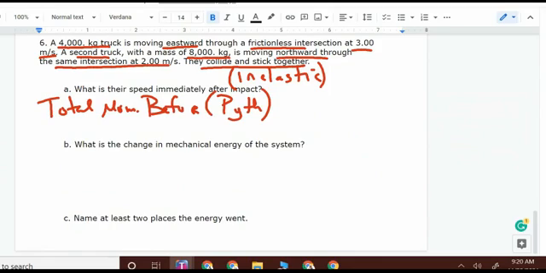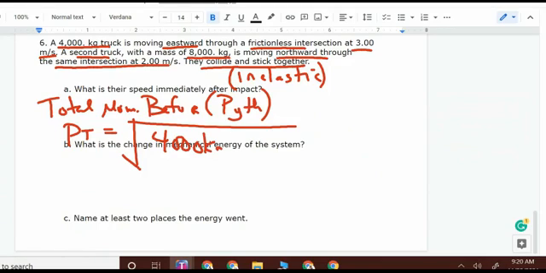So I have to use P total equals the square root of the truck, 1,000, going east, 3 meters per second. That's really too significant. But we're going to square that whole thing, put little brackets.